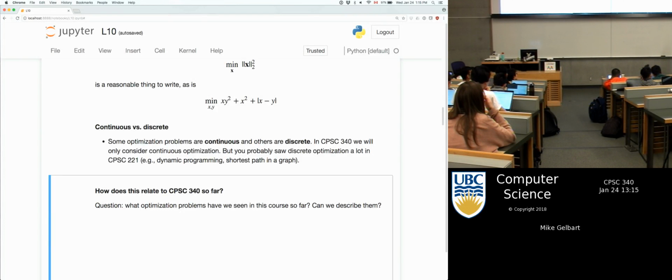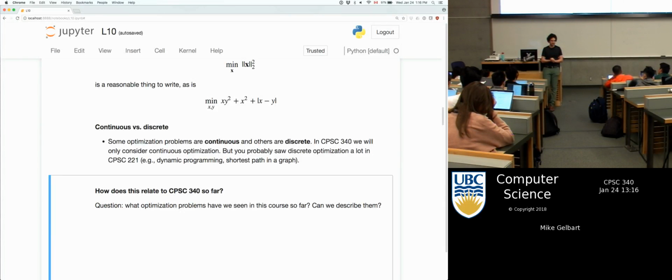For KNN, you're minimizing the distance. Yeah, for KNN, you're minimizing the distance, and this is a very weird one, because with KNN, you are solving the optimization problem in the predict function. And that is unusual in terms of the stuff we're going to talk about in this course. Many things we're going to talk about in this course, the training or fitting or learning or whatever you want to call it, is the solving of the optimization problem.